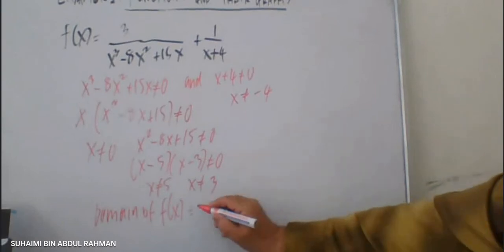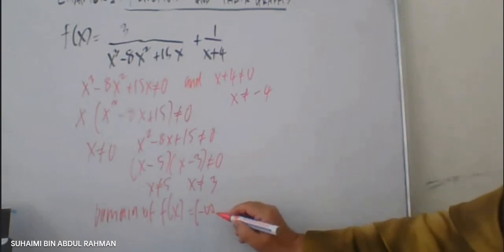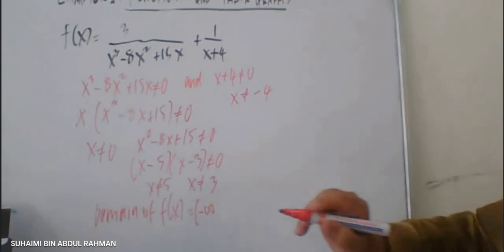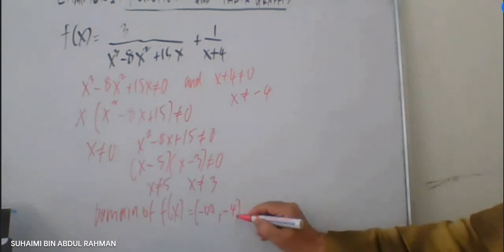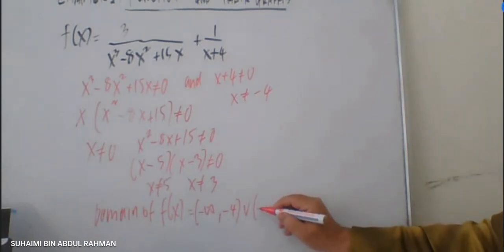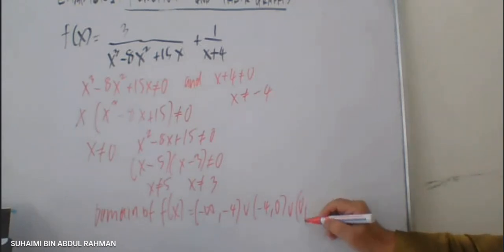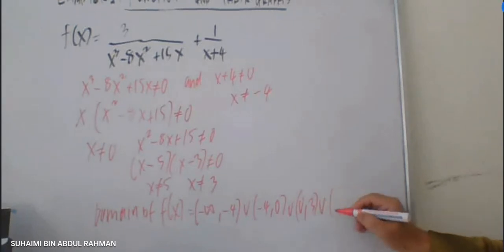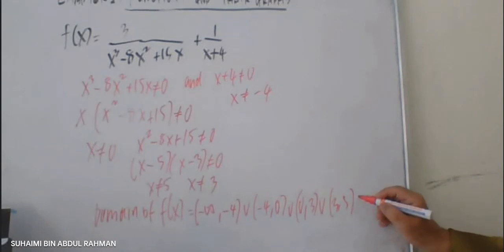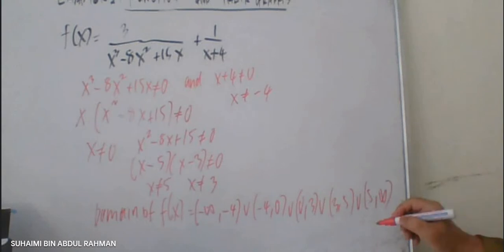Negative infinity to negative 4, then union negative 4 to 0, then 0 to 3, 3 to 5, 5 to infinity.